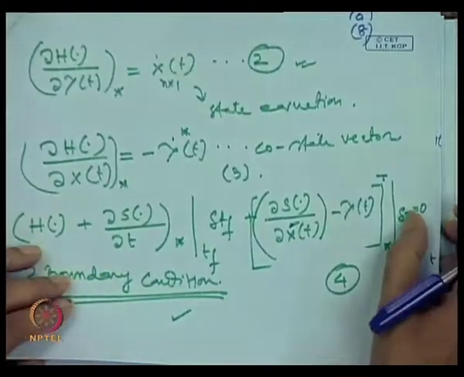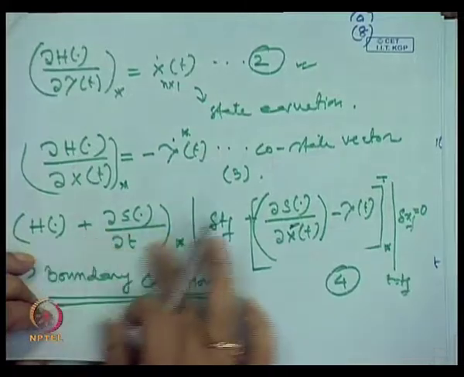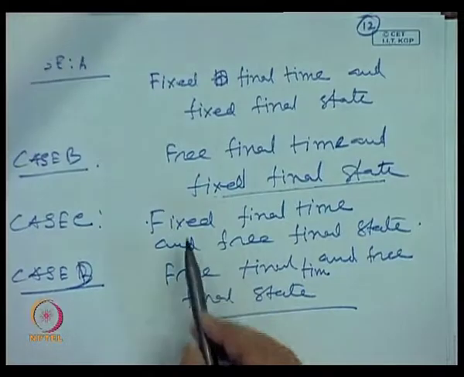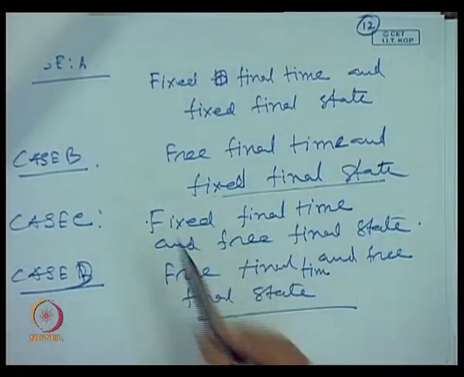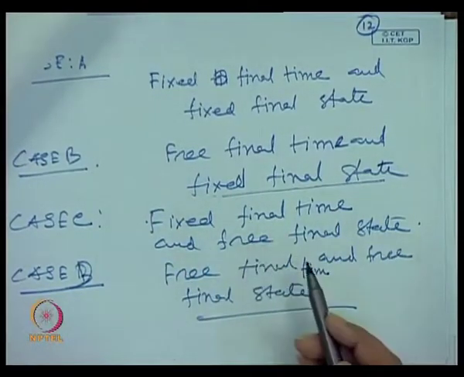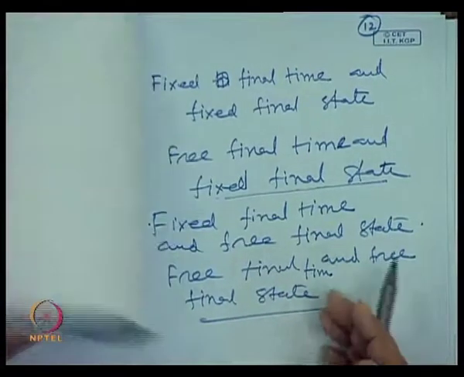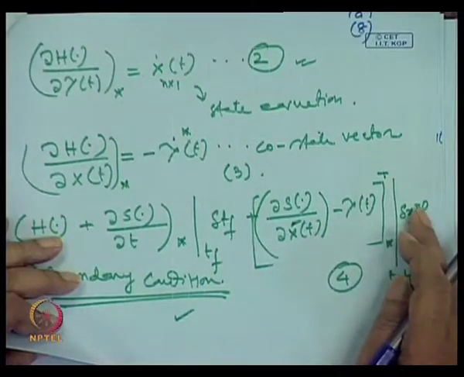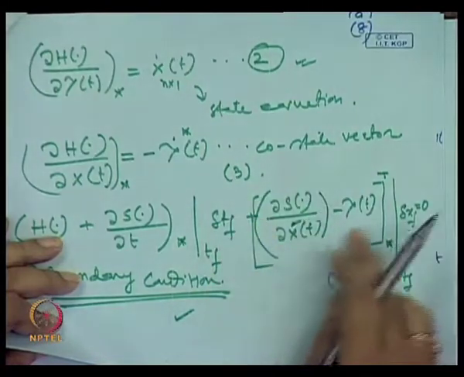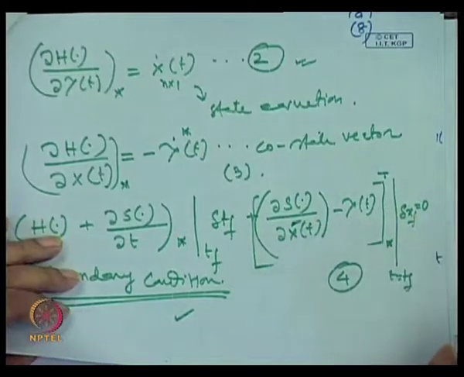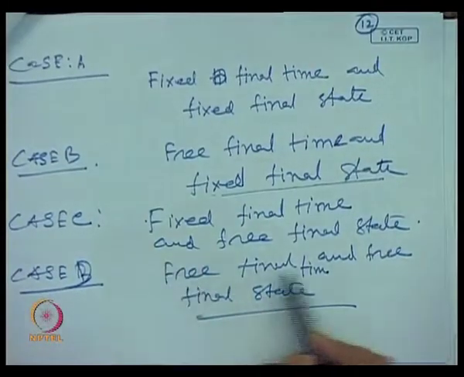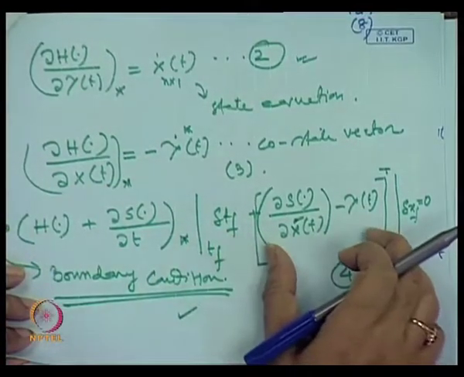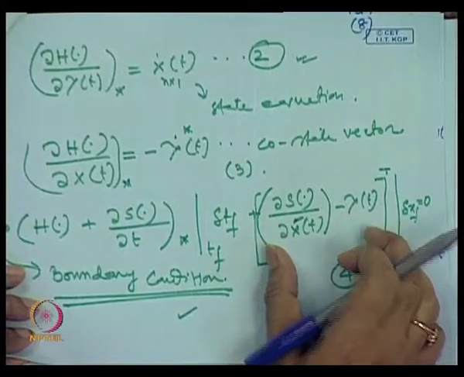So, this is equal to 0, and in case B we have only one boundary condition. Similarly, for final time fixed and final state free, delta t f is 0, and delta x f is free, so this boundary condition is assigned to 0, and you have to solve. When both are free, then this equals 0.